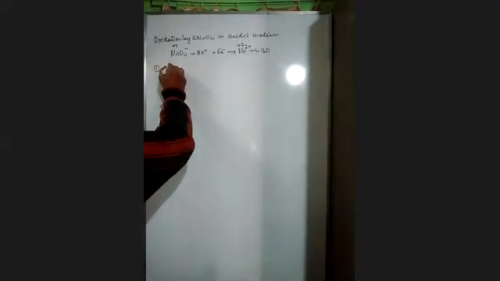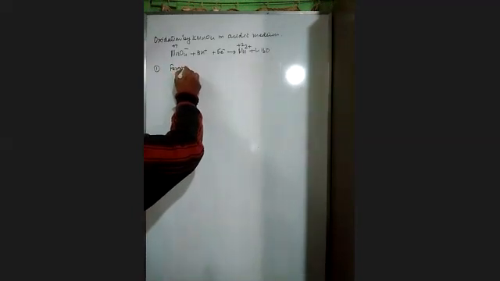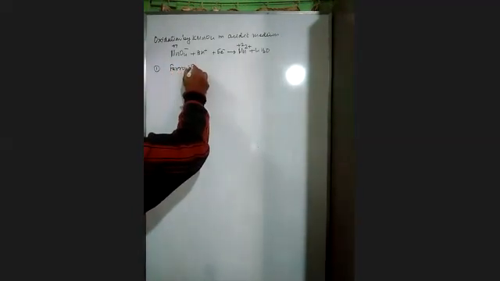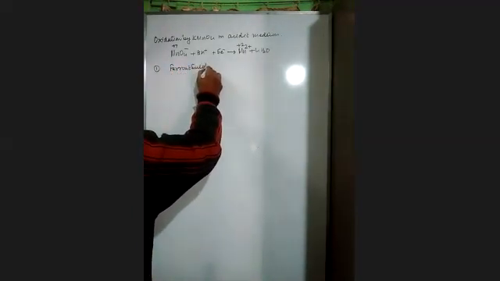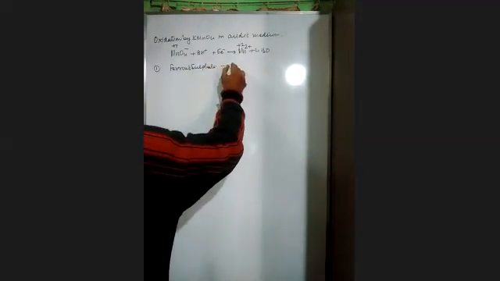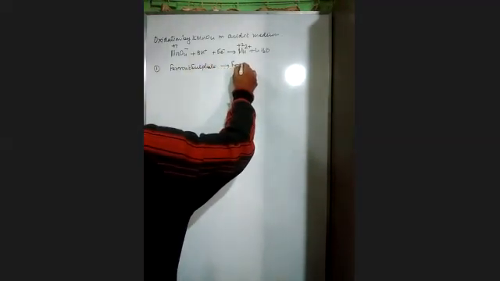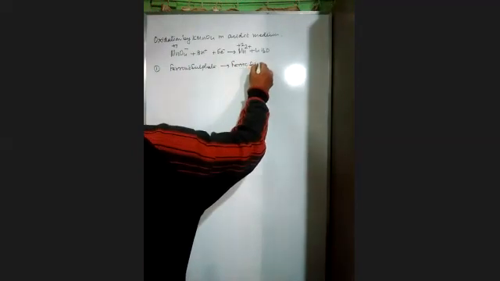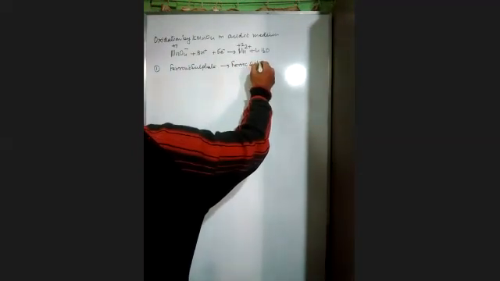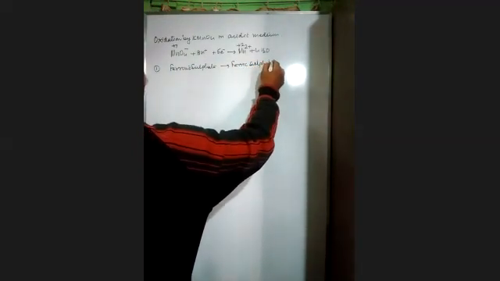See some of the reactions we have done yesterday. So what is that? Ferrous to ferric. No? Ferrous. I'll write here ferrous sulfate. And here we are going to write ferric sulfate. So let us make it a very simple one.